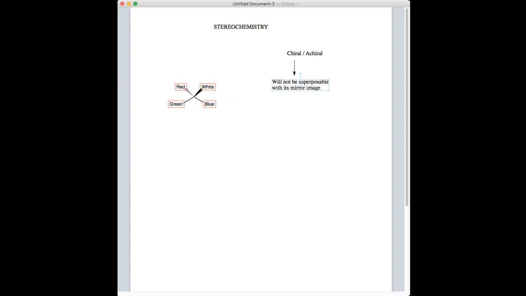Whereas achiral molecules don't have enantiomers because they are superposable with their mirror image. And guys, if the molecule is superposable with the mirror image, what exactly does that mean?